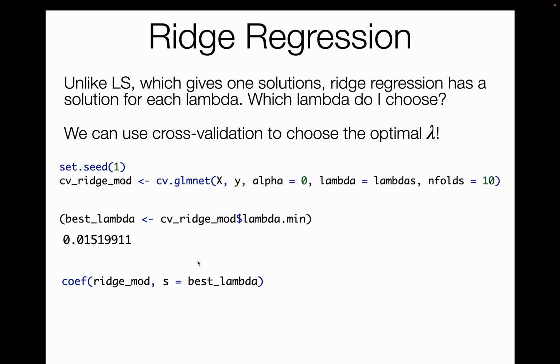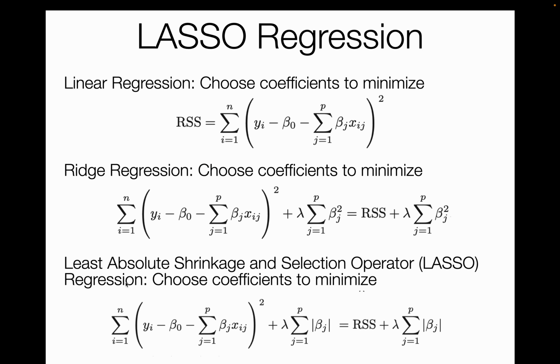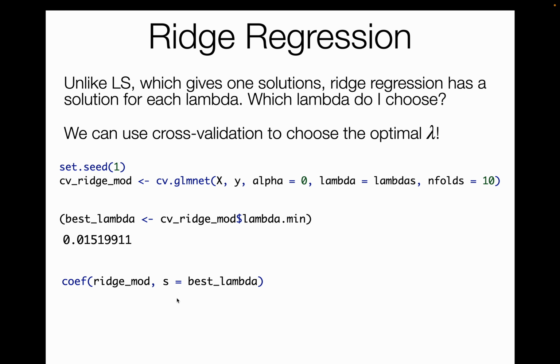I'll talk about this more in person before I ask you to do any sort of cross-validation. But anyway, it is some method that gives us a best lambda. Then I can pick out the coefficients using that function. It'll tell me all of the coefficients, and essentially that's the model that I want.